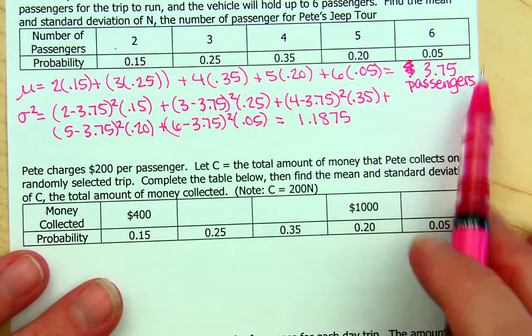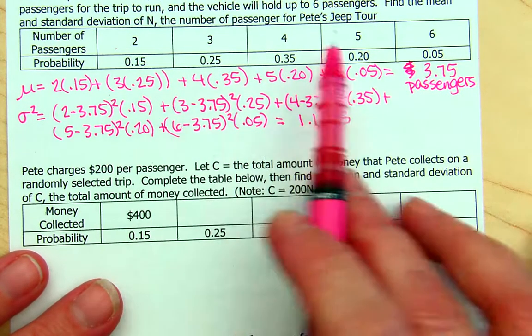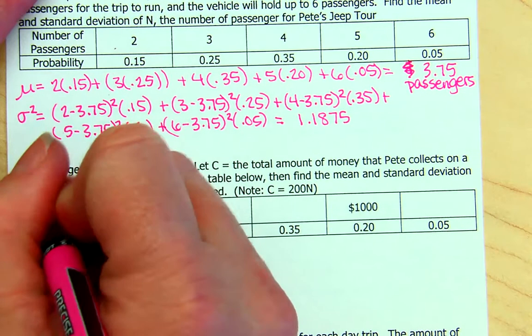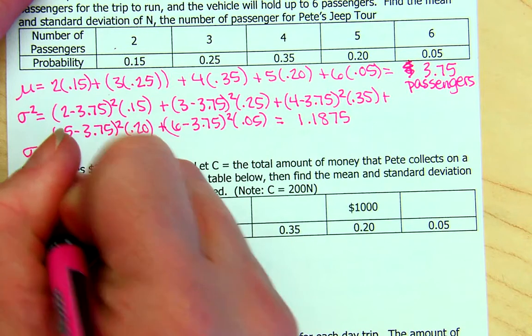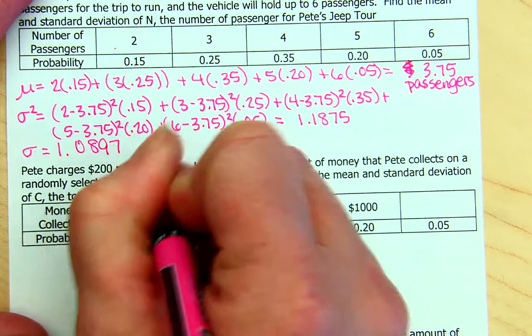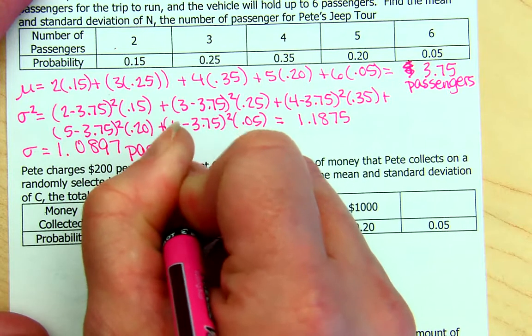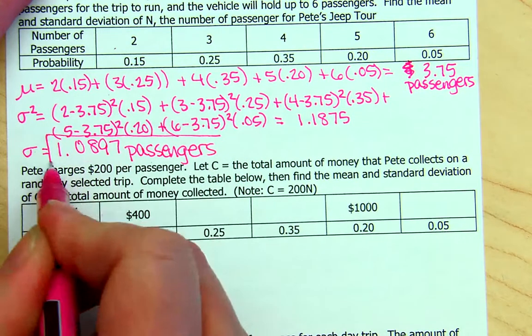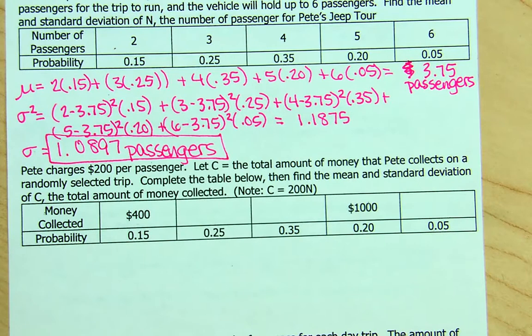And when we did this on the calculator to get this 3.75, when you put that in L1 and L2, and then you do your one-var stats, it's going to give you standard deviation. You're going to look for the sigma x. That's your standard deviation. Your standard deviation would be 1.0897 passengers.